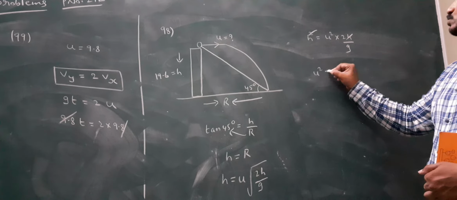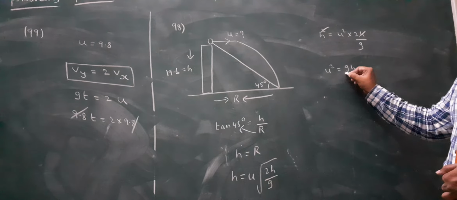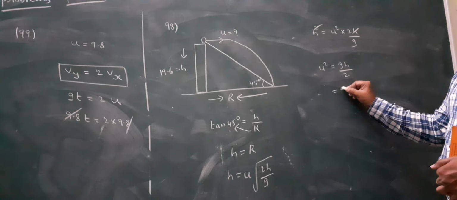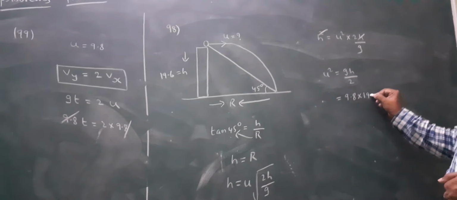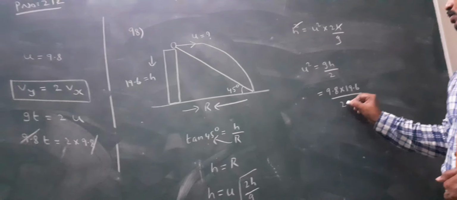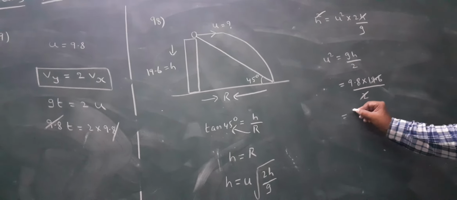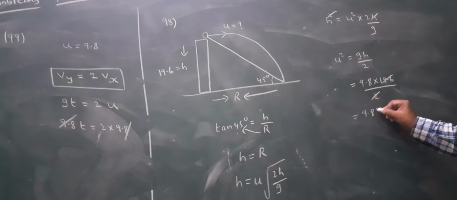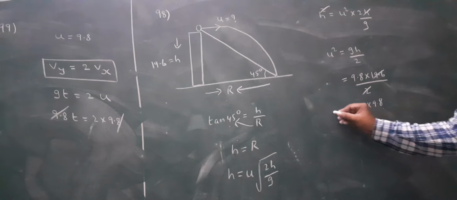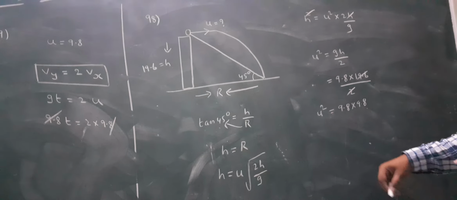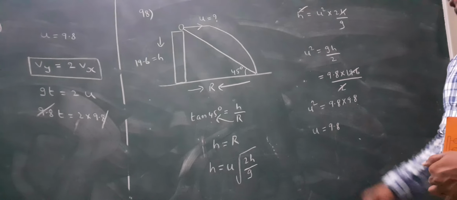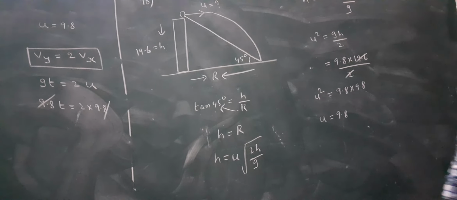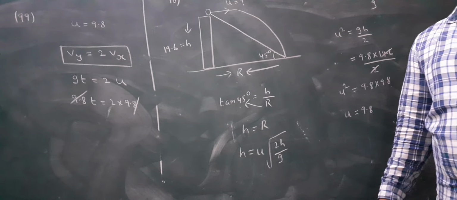Simply u square equals gh by 2. g value 9.8, h value 19.6 by 2. Here finally we get 9.8 into 9.8. This is u square. What is the value of u? 9.8. This is the final solution of the problem.